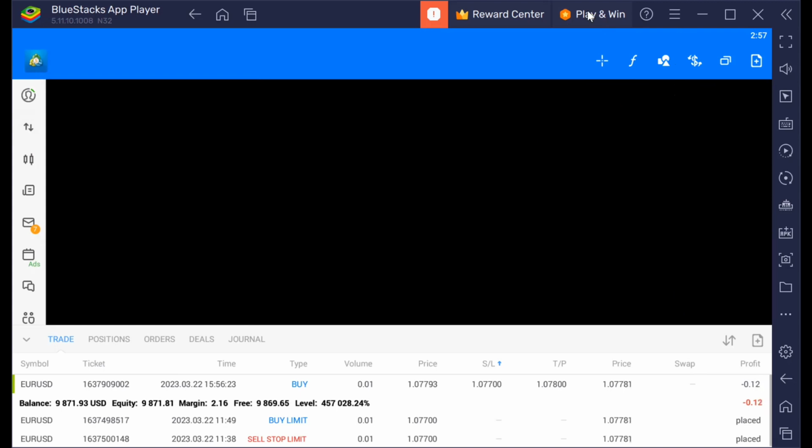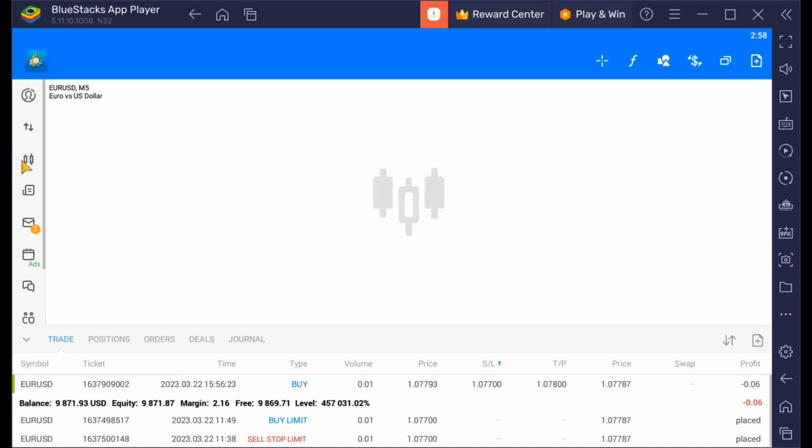Since it's not working, let's check it on PC. I don't know why it's not working. Maybe it's the network. It's technically not the network, it should be BlueStacks. BlueStacks is the app I'm using to run Android applications. But on your phone, once you click on it, you're going to see the chart. Let's go and see it on the PC version.